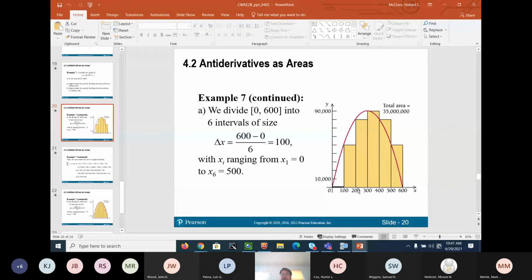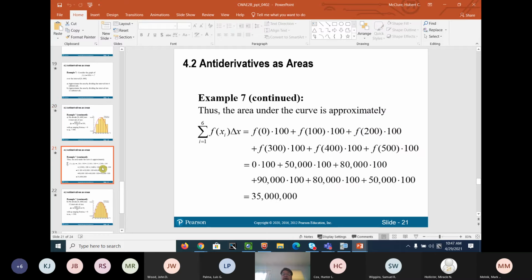So the midpoint of 100 to 200 is 150, so that would be 150 times f of x, 250 times f of x, 350 times f of x, 450 times f of x. Or you would do the midpoint, which would be 50 times f of x, repeated for each. And they're adding them all up right there. That's one way to do it.